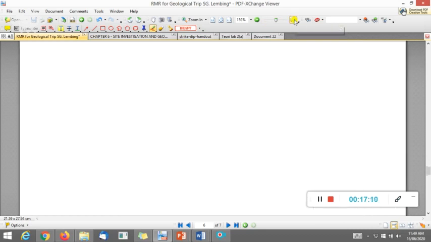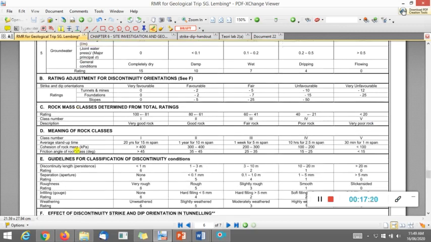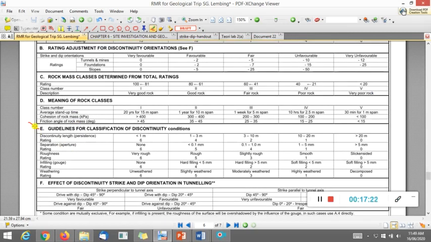I will enlarge this. As you can see, for condition of discontinuities, refer to section E, because here you can see persistence, aperture, roughness, infilling, and weathering rating.